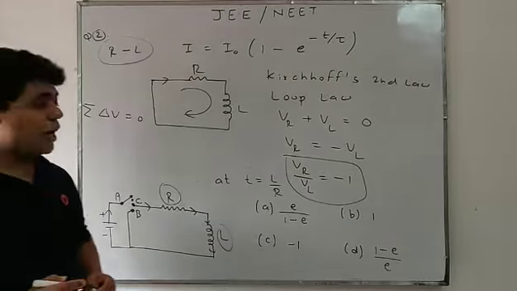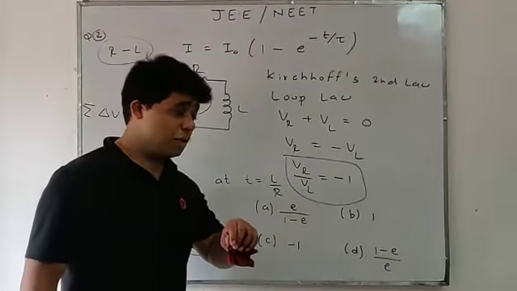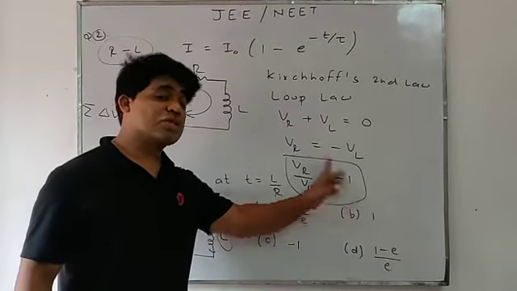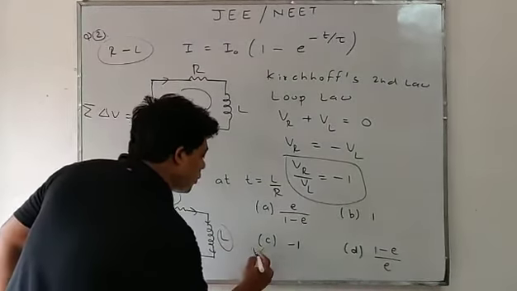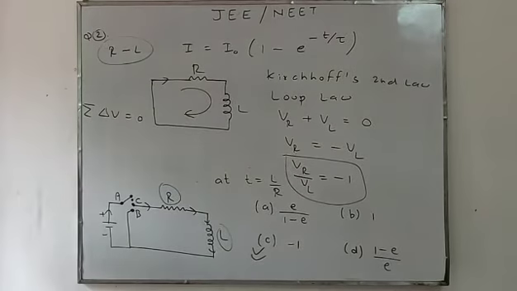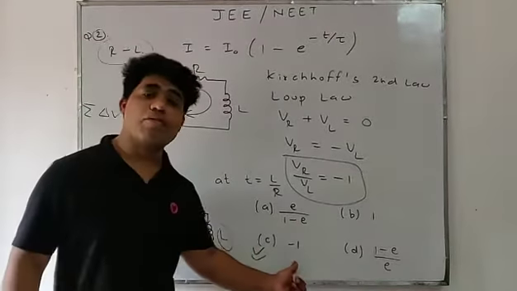So what is the ratio of R and L? The ratio will be minus 1. So which one is the correct option? C is the correct option. He is asking the ratio of R with L, so we found it to be minus 1.